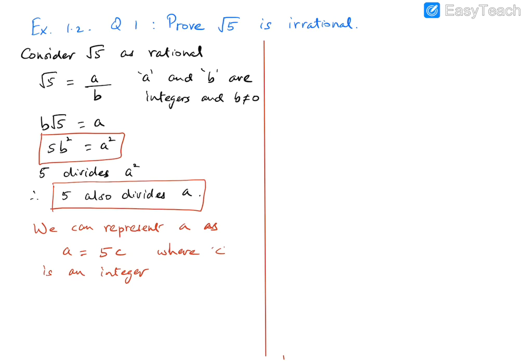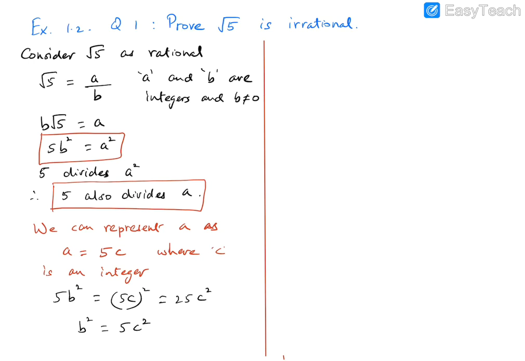When we put a equals 5c, we get 5b square equals, in place of a, 5c the whole square. Since a is 5c, it's 5c the whole square, which is 25c square. So we can write b square as 5 times c square.